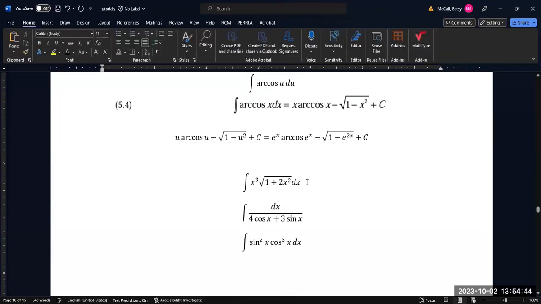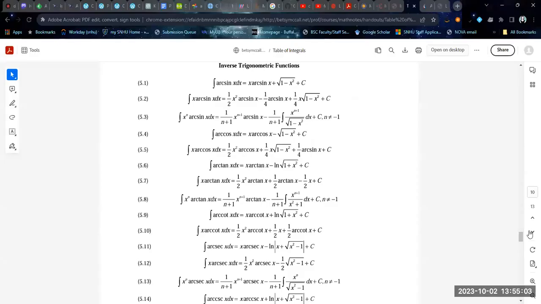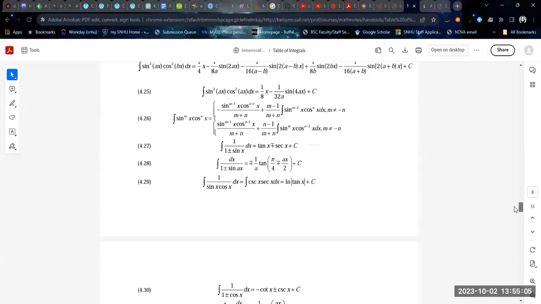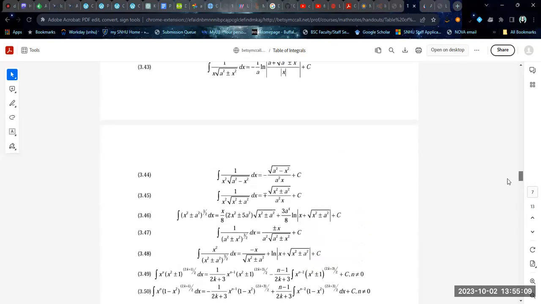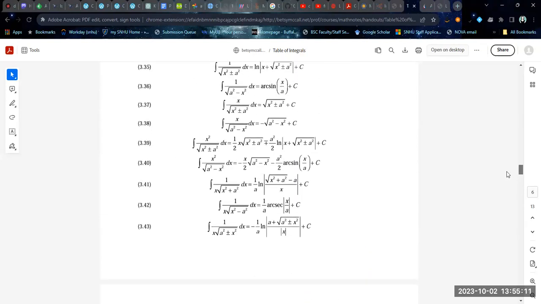All right, so I got a couple more. Let's look at another radical here, but we've got a power outside of our square root, and the square root is not in the denominator. So let's go back to our table. We're going back to the radical section. Radicals. We don't have radicals in the denominator here.